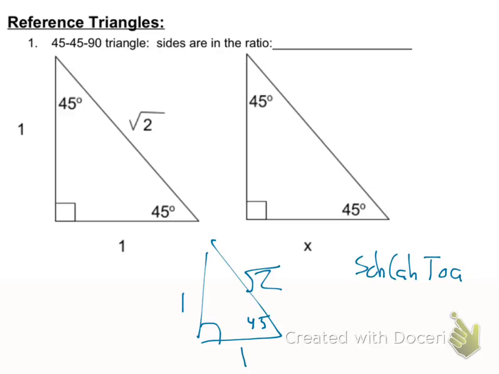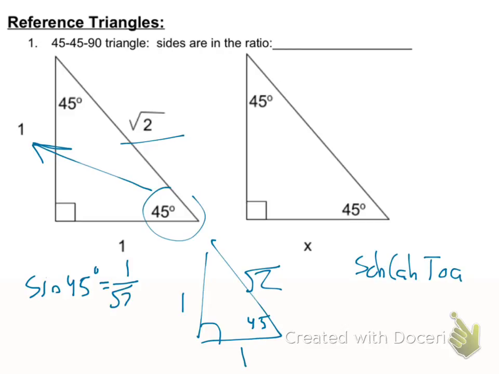If I ask you for the sine of 45 degrees, well, here's a 45-degree angle at the bottom right of that first triangle, correct? Opposite is 1, over hypotenuse, square root of 2. So what is the sine of 45?